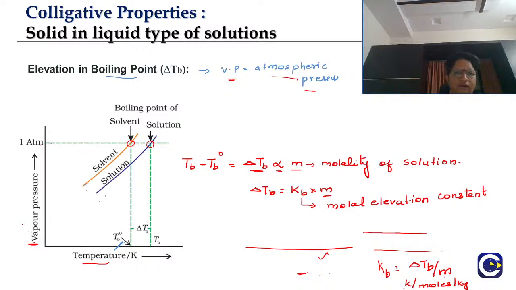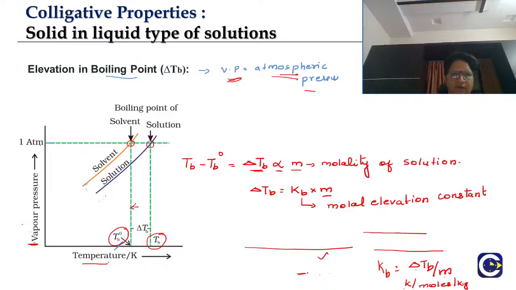The vapor pressure of the solvent is higher. Red color is the solvent, so its boiling point is given as TB naught. When we add a non-volatile solute, you have to heat it to a higher temperature for the vapor pressure to become the atmospheric pressure. So the boiling point of the solution is higher.